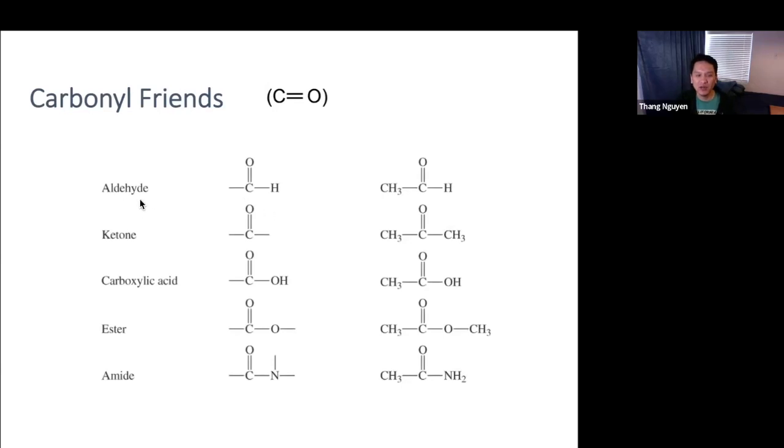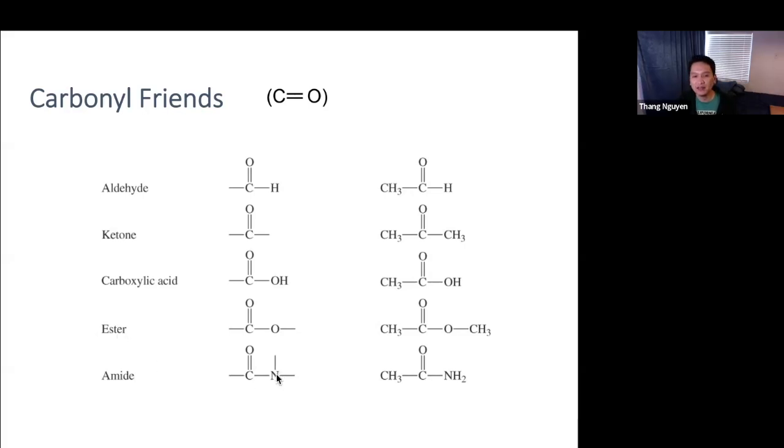So when you have a carbonyl with a connection to a hydrogen, we call that an aldehyde. When you have a carbonyl that's connected to just carbons, we call that a ketone. When you have a carbonyl that's connected to an OH, a hydroxyl group, we call that a carboxylic acid. Instead of an OH, if it's an O alkane, OR, we call that an ester.